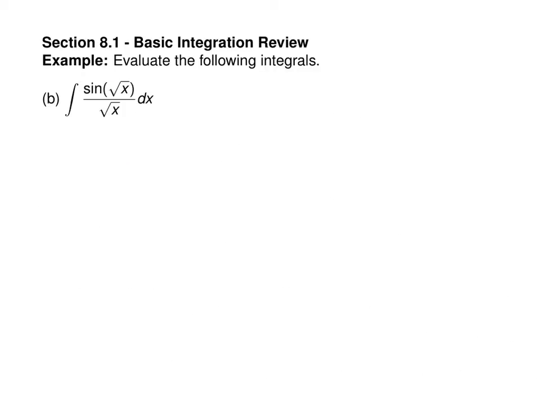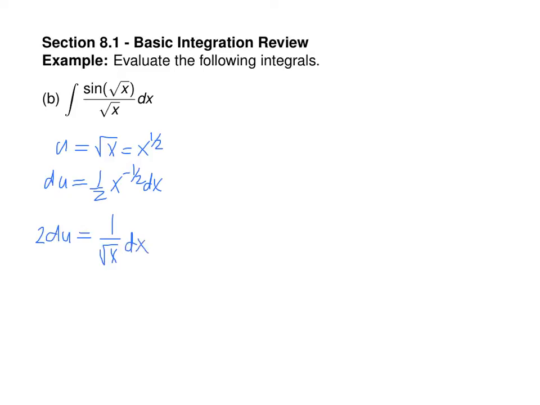Next, sine root x over root x. The only thing that is probably worth trying here is letting u equal root x, which is the same thing as x to the 1/2. So there, du is 1/2 x to the negative 1/2 dx, or 2 du is equal to 1 over root x dx.